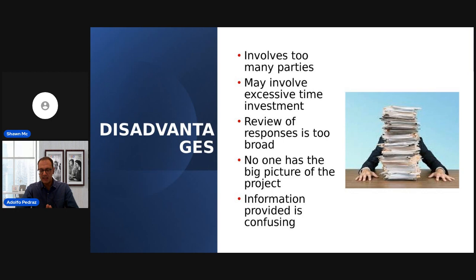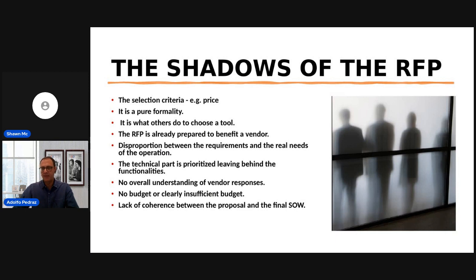Now, together with this, we have some items that I call the shadows of the RFPs. These shadows of the RFPs are little pieces that sometimes are not seen at the very beginning, and they come up as the process deploys. I just put a few of them, because there are more than the ones you can see in the list.